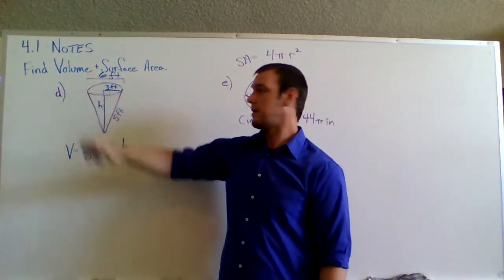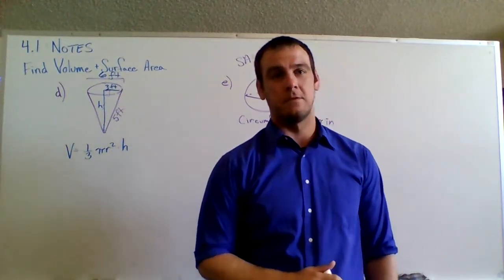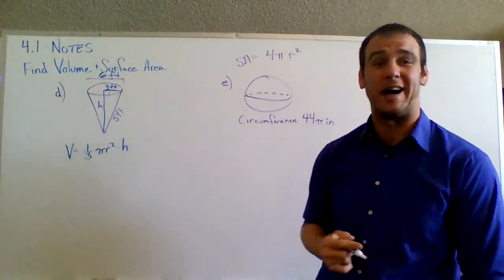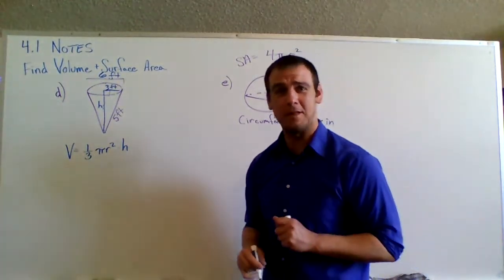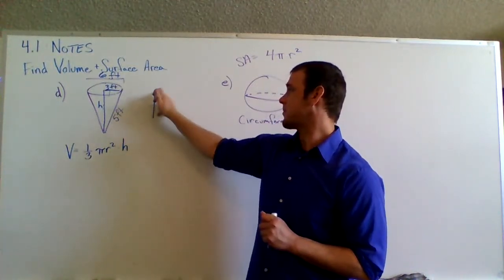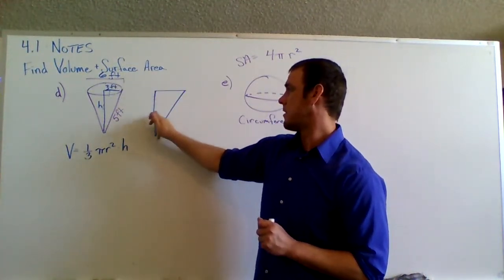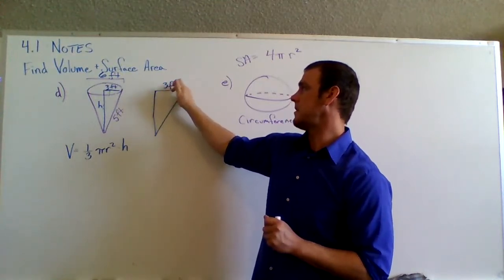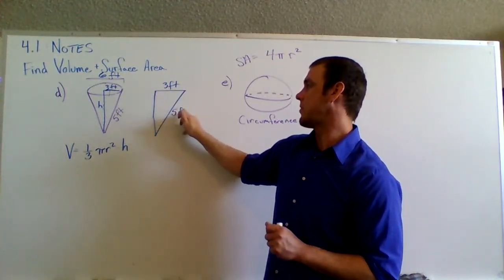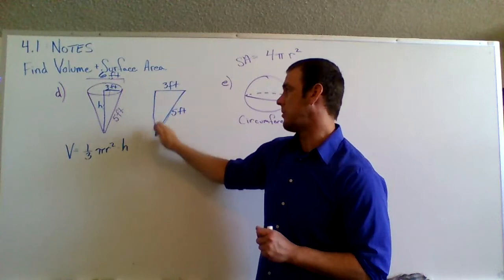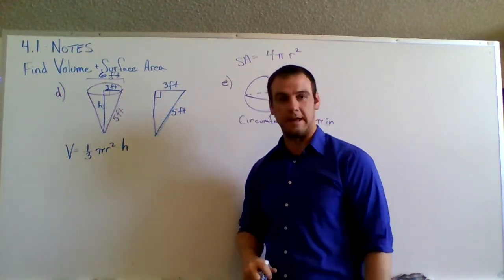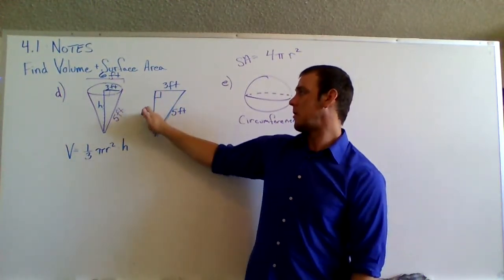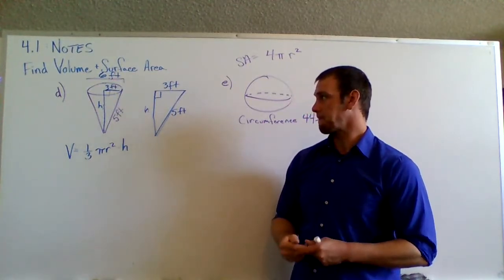This makes a right triangle, if you were to think about it that way. So we can ask our friend Pythagoras, because he always knows. Make a right triangle here. I know this side is 3 feet. My hypotenuse here is 5 feet. Your hypotenuse is always opposite of your right angle there, and I want to find my height.